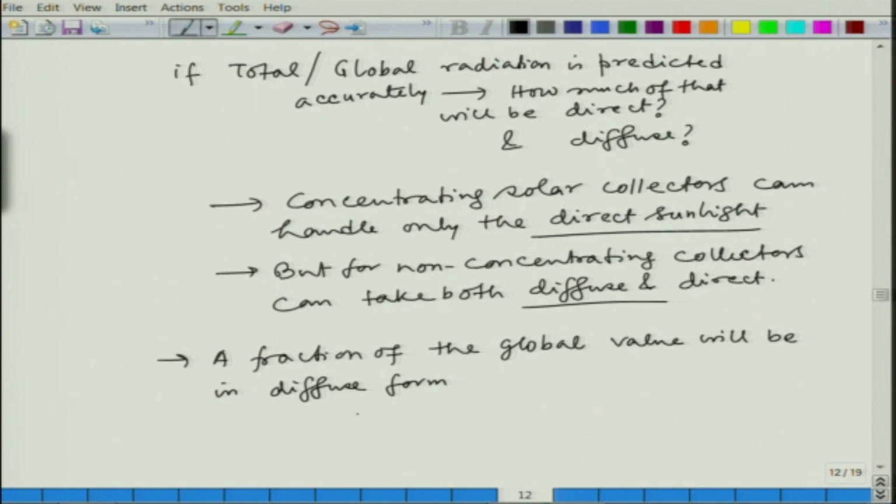Diffuse radiation is often designated as H d, where the small d stands for diffuse. So, H d divided by H is the diffuse fraction.